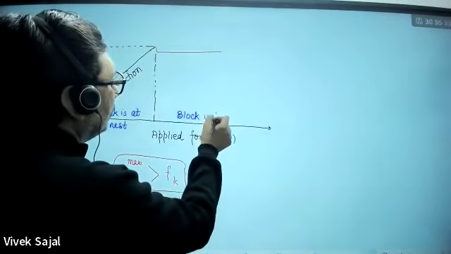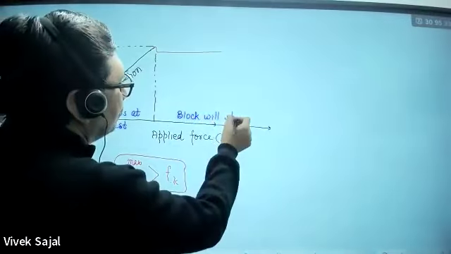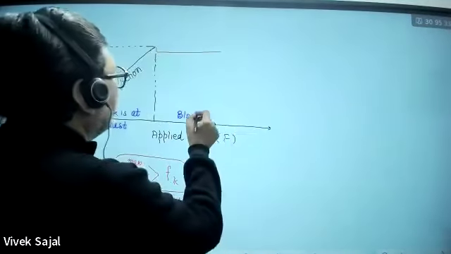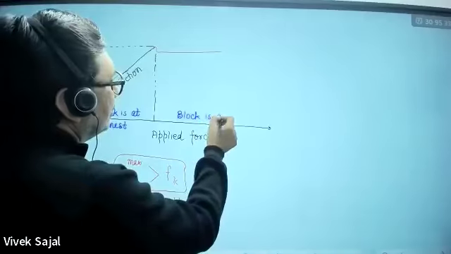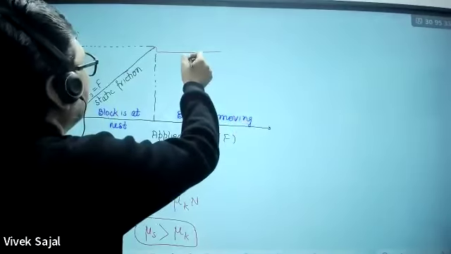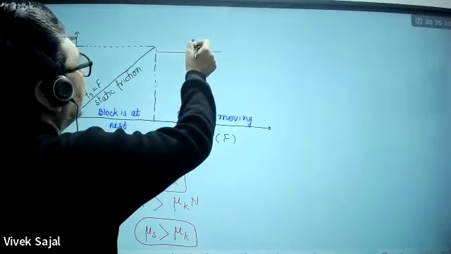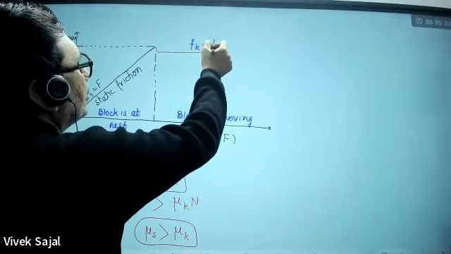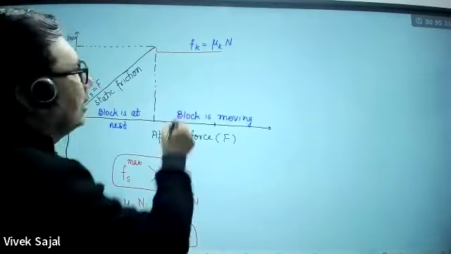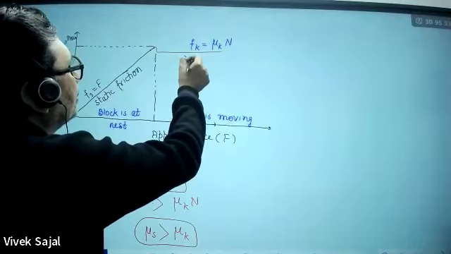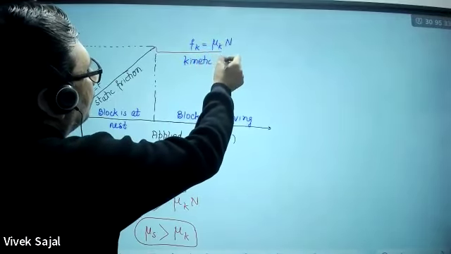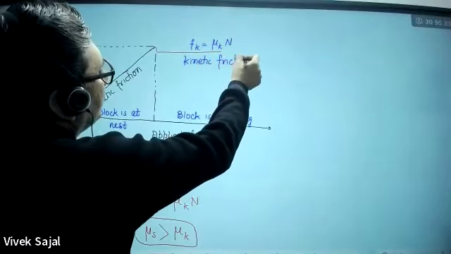The block is moving in this region, and here you have Fk, that is mu k into N, and this is called kinetic friction.